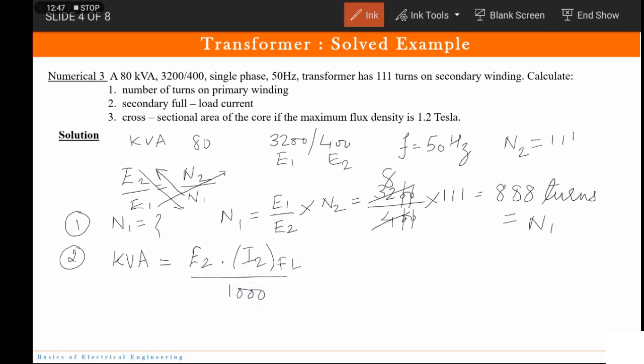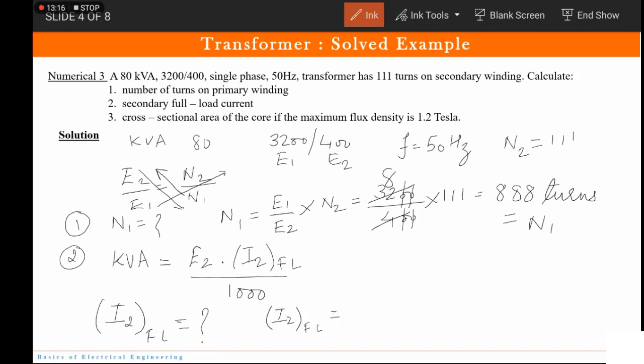Remember in the last equation it was primary, so we had written E1 into I0, and it was no load condition, so we had written I0. This is full load condition and this is secondary full load current, so we have written I2. Fine. So here we have to find out this I2 full load. So we will convert this equation in terms of I2 full load.